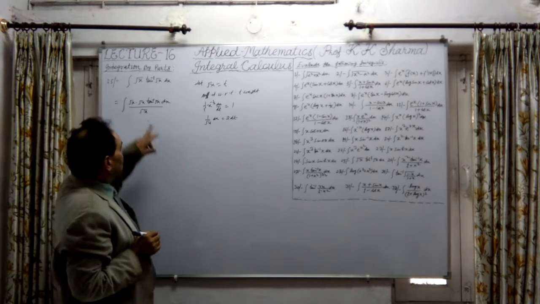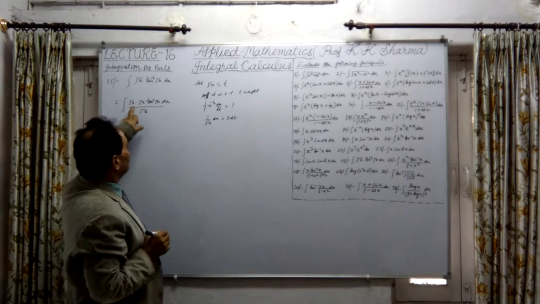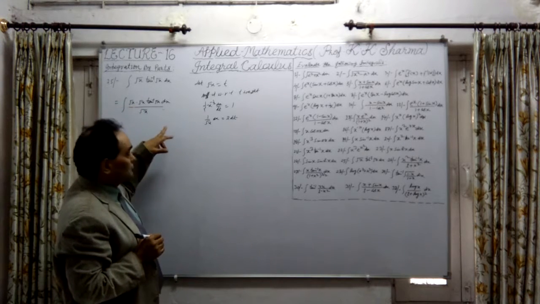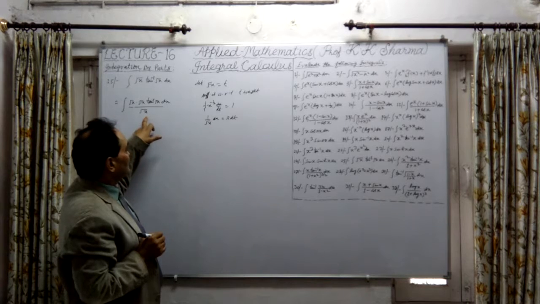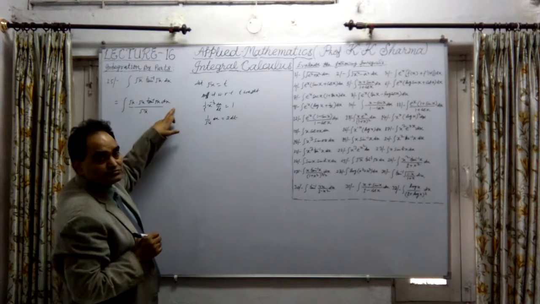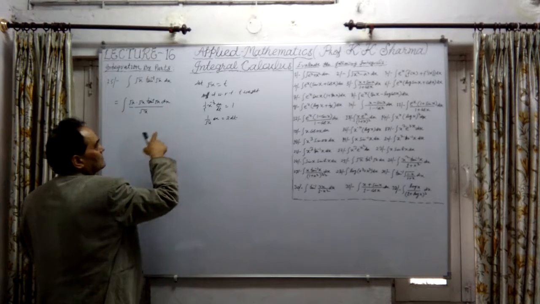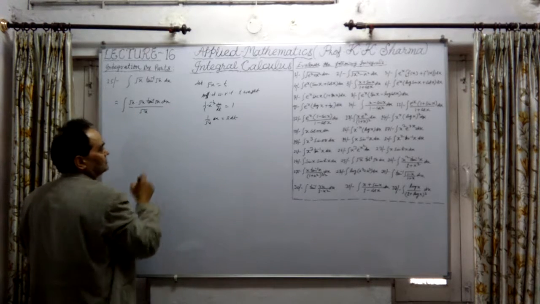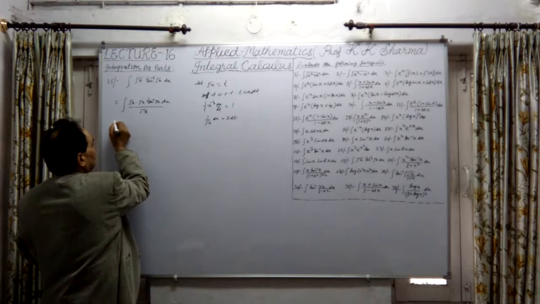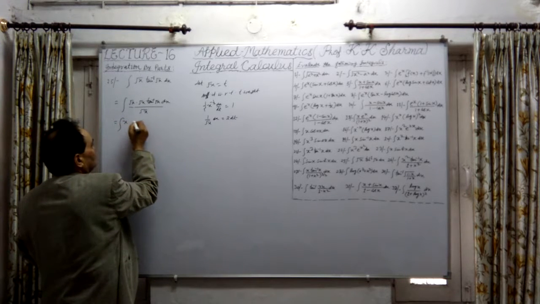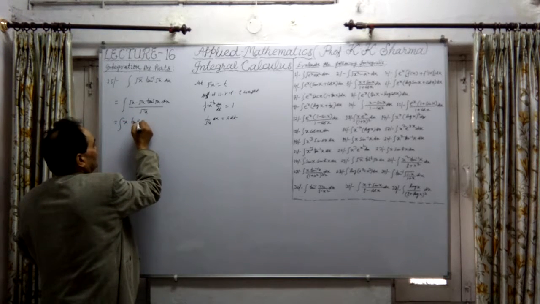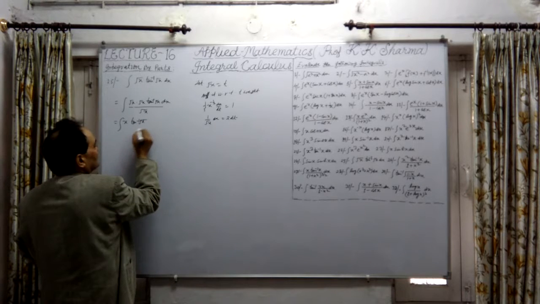I have multiplied by root x and divided by root x, so there is no change, because we want root x in the denominator. So dx upon root x equals 2 dt, and that we will substitute here. Let me write again: tan inverse root x into dx upon root x.